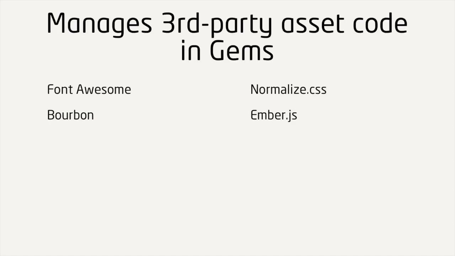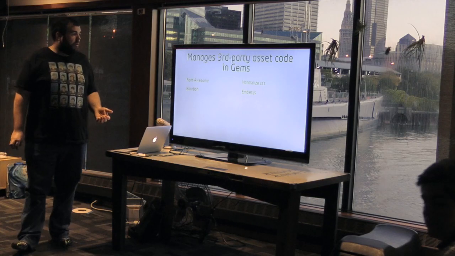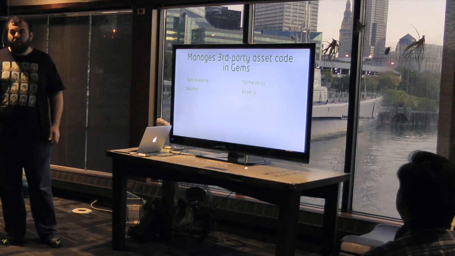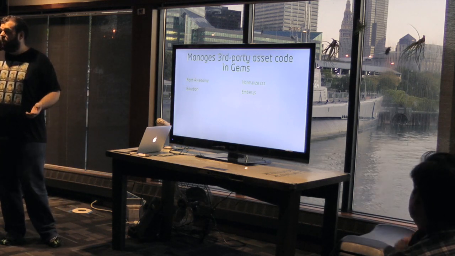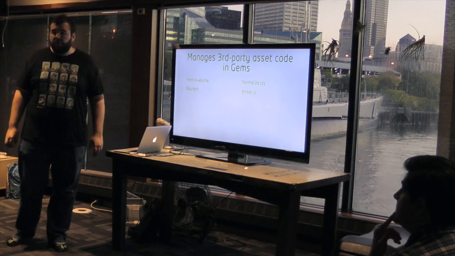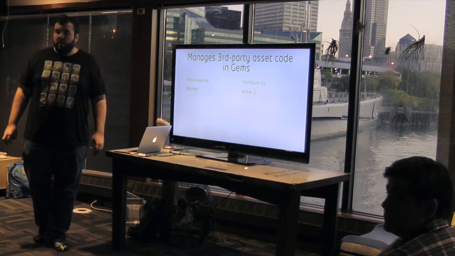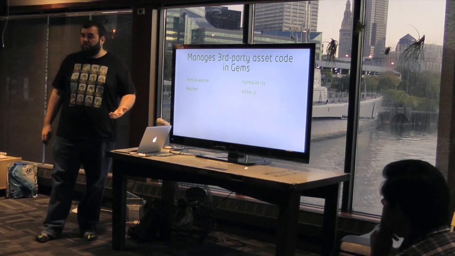One of the big problems with front-end development, especially, is third-party code. There's never been anything like Ruby gems for third-party code. So one of the things that Sprockets did is let you put assets into gems. You could have JavaScript and style sheets in your gems, fonts, whatever assets you wanted.